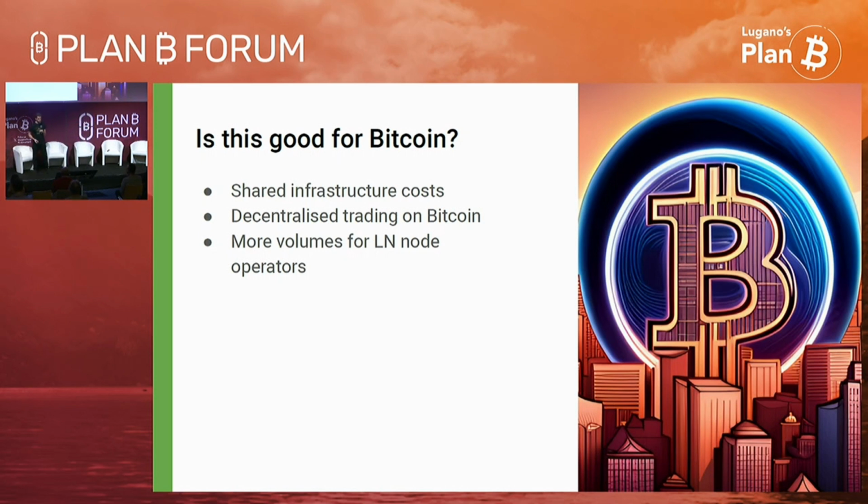They don't care about RGB. So overall, I believe it's a net good for Bitcoin. And you may argue that this point may be valid or not, but for sure it's not bad for Bitcoin, because it doesn't change Bitcoin in any way. It doesn't change the security model.